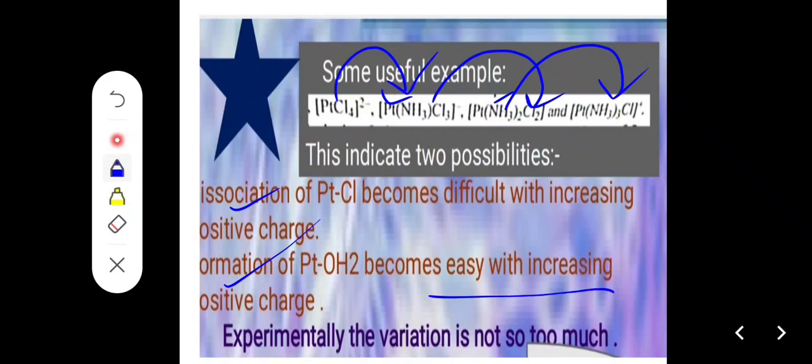In that case, when positive charge increases on platinum(II), as water is not an anionic ligand, water is only a Lewis base, so Pt-OH2 bond formation is easier with increasing positive charge. There is more adduct formation when platinum(II) has more positive character, because it has more attraction towards the lone pair of oxygen of the water molecule. So that's why formation can be easy.